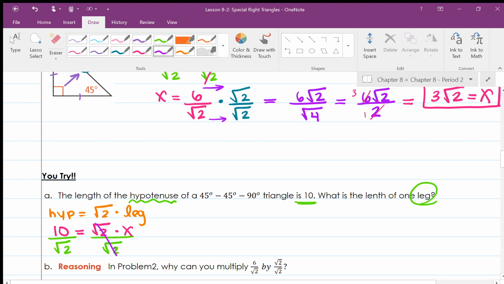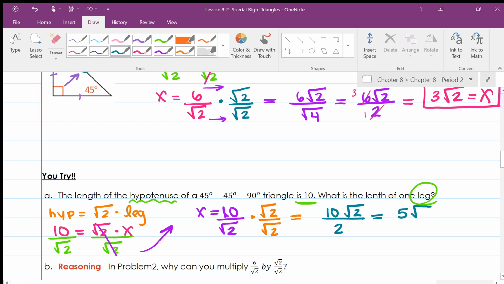So that it cancels out here, and I'm left with x is equal to 10 over the square root of 2. But as we did in the previous example, you cannot leave that radical 2 in the denominator. So in order to rationalize it, you're going to multiply by radical 2 over radical 2, giving us 10 square root of 2 over 2, which is then simplified further down to 5 radical 2. This is equal to x, or one of our legs, we'll say.